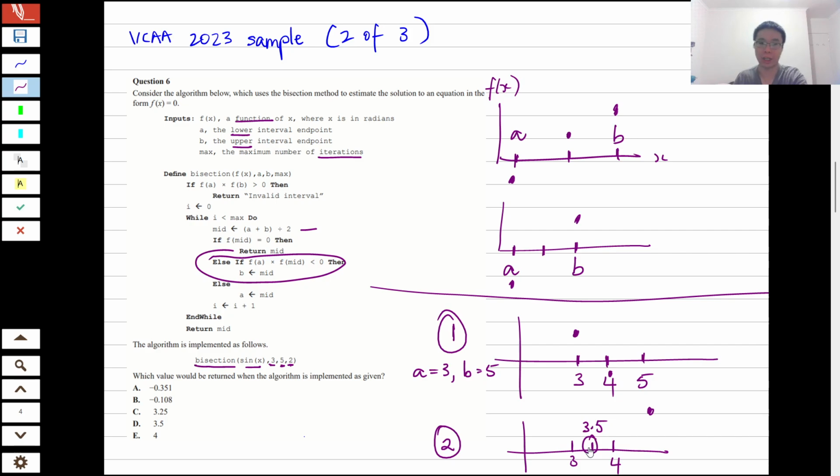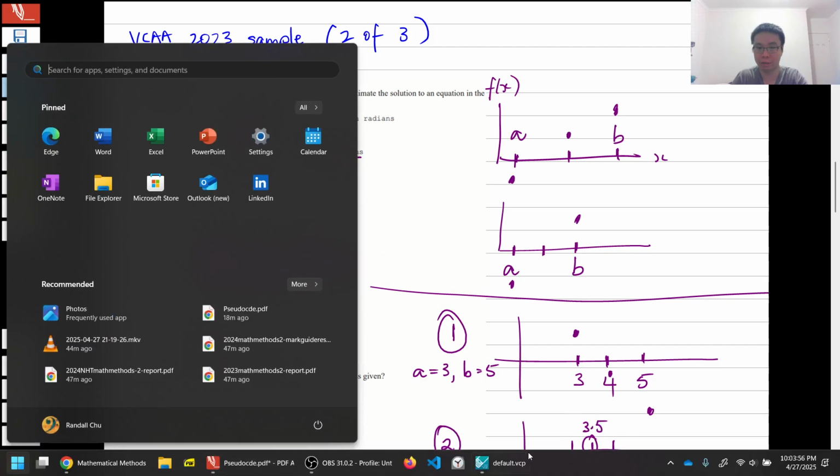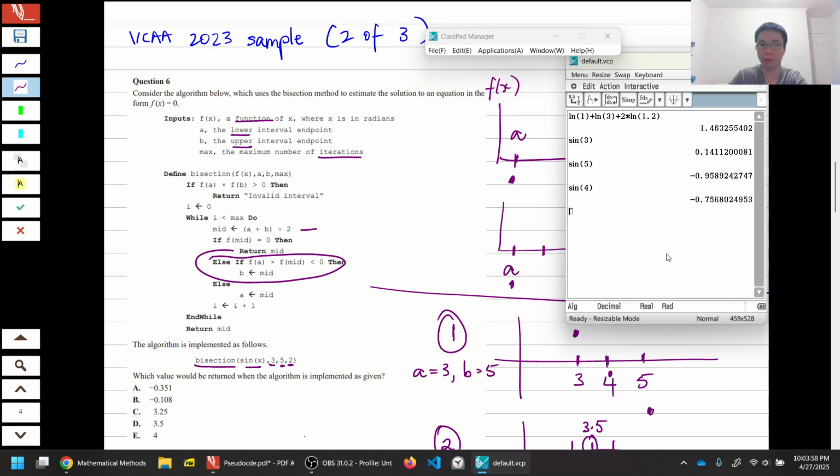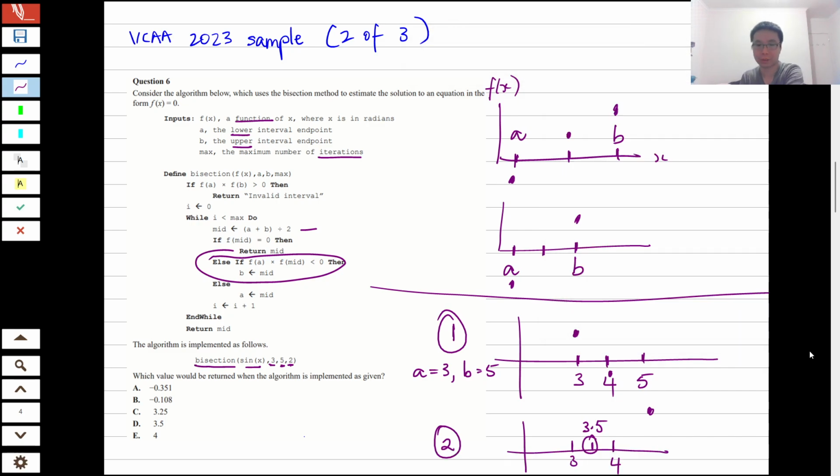And we just need to check, is sine of 3.5 equal to 0? Well, no, it's not. We already know that because we need pi to get 0. And so when we run through this loop the second time, you'll calculate sine of 3.5, and your next interval will either be 3 to 3.5 or 3.5 to 4.